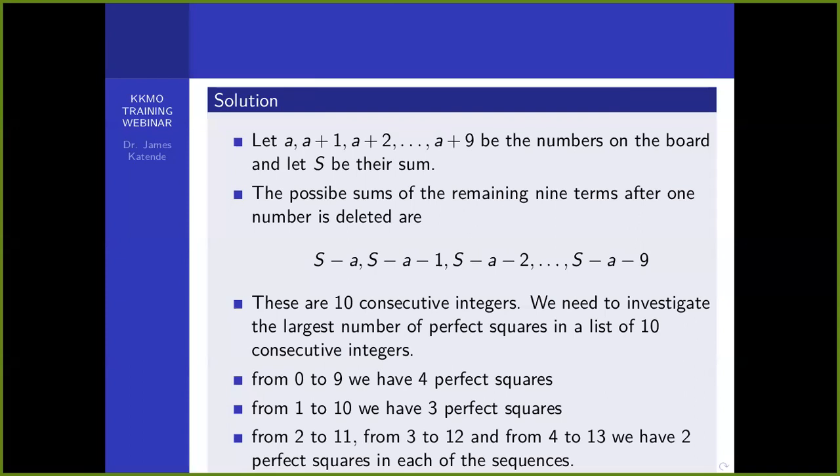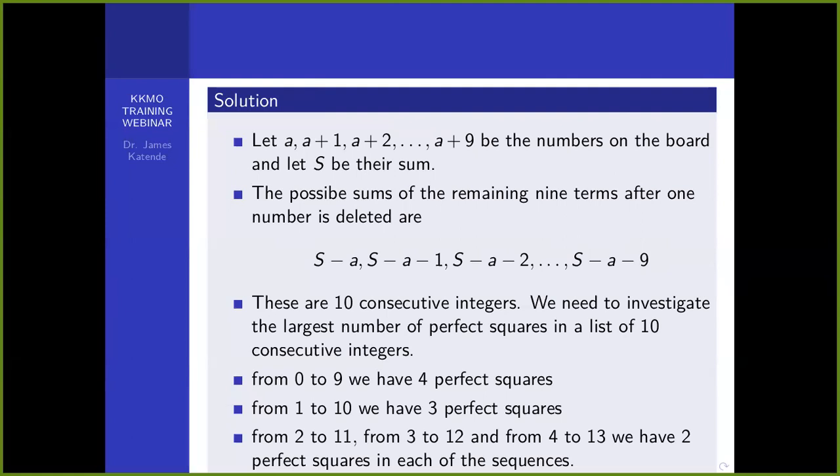So what do we do with this? We can make some guesses. It appears that 4 is the largest number of perfect squares you can get. When you go higher, from 1 to 10, you get fewer, 3 perfect squares. And from 2 to 11, 3 to 12, and 4 to 13, the number is not increasing.